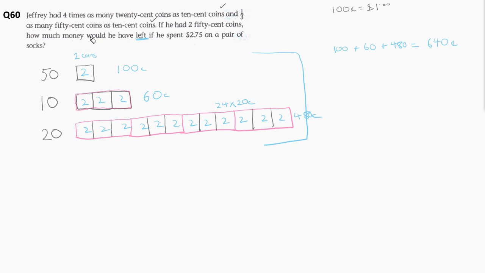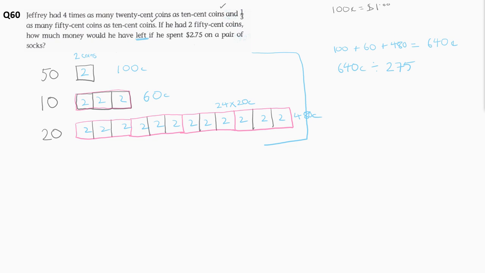It says, how much money would he have left if he spent $2.75 on a pair of socks? Well, $2.75, we can either convert this to dollars and cents, or keep this as cents and make that into cents. It doesn't matter. But what we will do is take 640 cents and just take away 275.